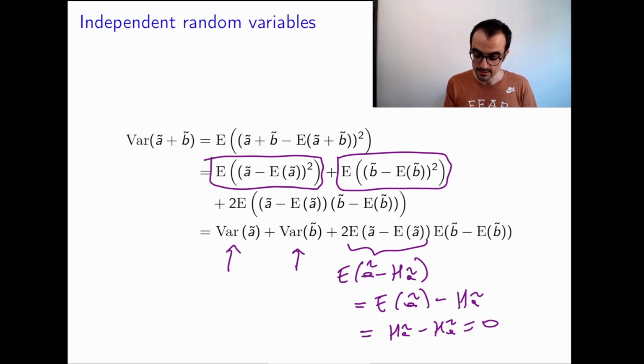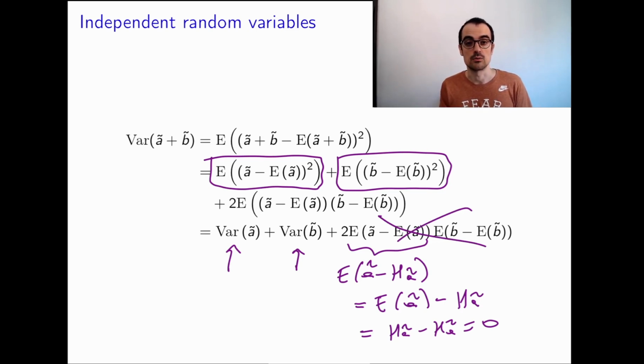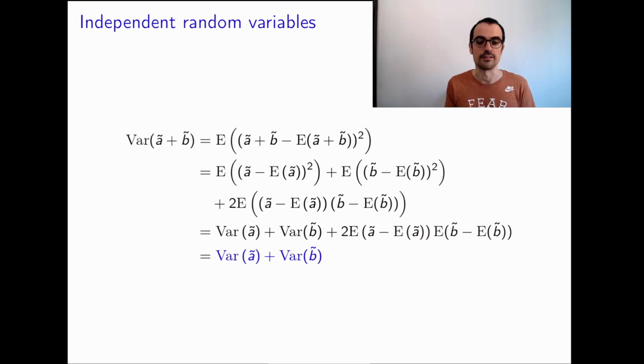So this means that this cross term cancels out, and the variance of the sum of two independent random variables is equal to the sum of their variances, which will not happen if they're not independent, because in that case, this term will not separate into the product of the two individual expectations, so it will not cancel out.